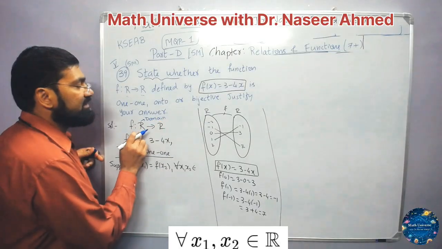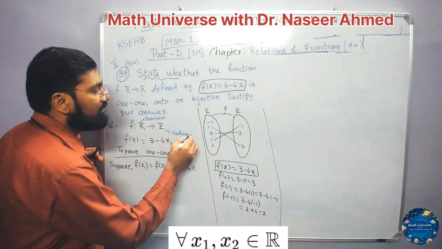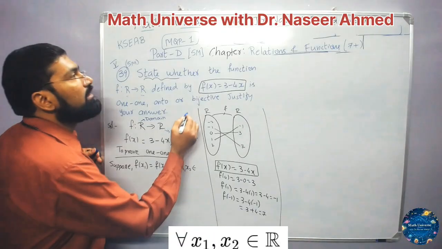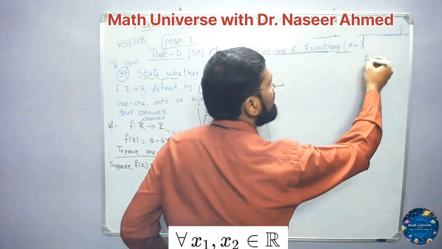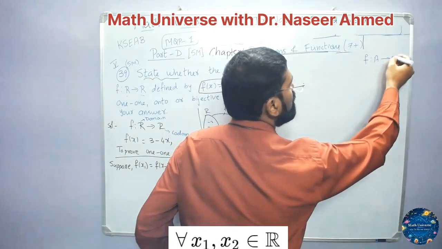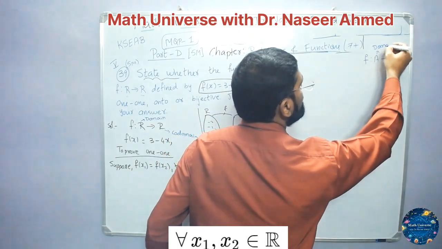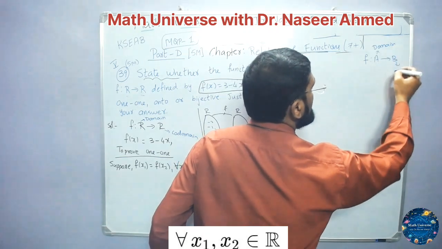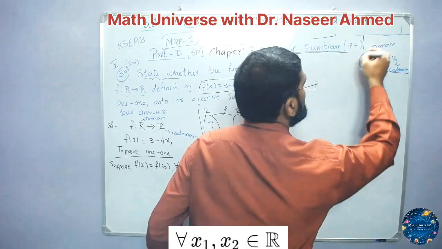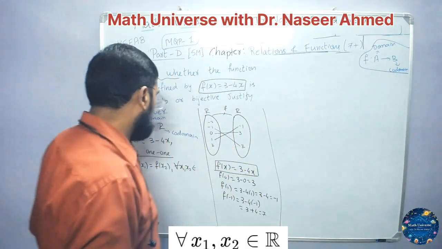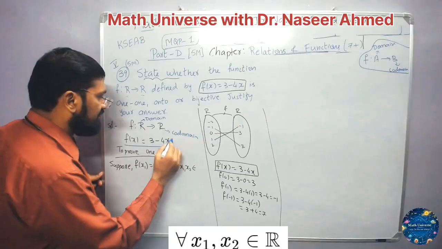Always the first set is domain and the second set is codomain. Remember that, I write it somewhere here. Whenever you see f is a function from A to B, always the first set is domain and the second set is codomain. Don't forget this.